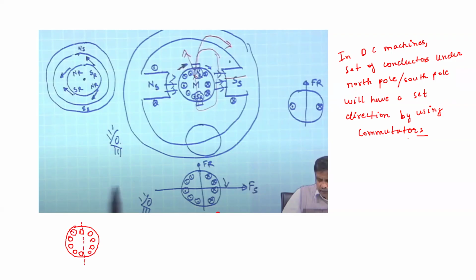Let us say these conductors are having dot current and these conductors are having cross current. So very interestingly, you can find the direction of this rotation in two ways. I will tell one way we know by using Fleming's left hand rule.